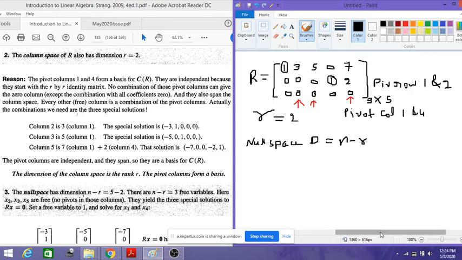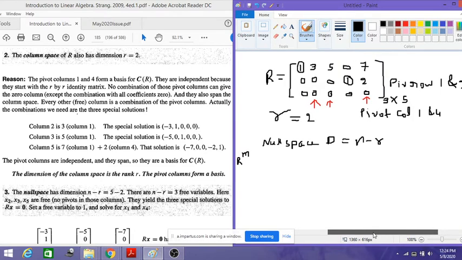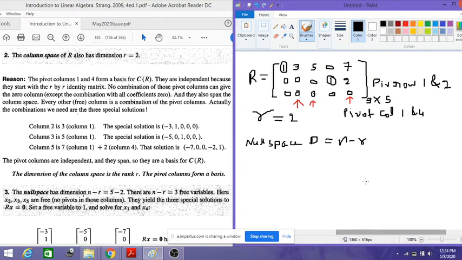Whereas for the row space, the dimension depends on the rank of the matrix, R, and for the column space, the dimension again depends on R. But for the null space, the dimension is given by n minus R. For the above example, we have 5 columns, so 5 minus the rank of the matrix, which is 2, equals 3. So the dimension of the null space is equal to 3.